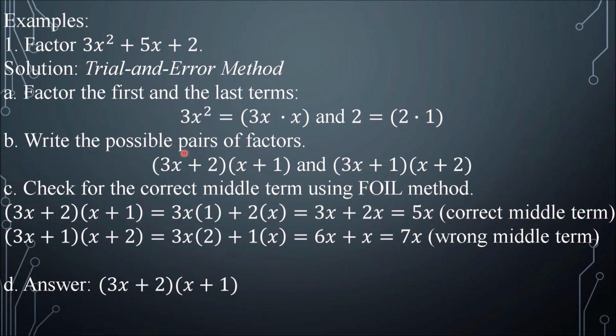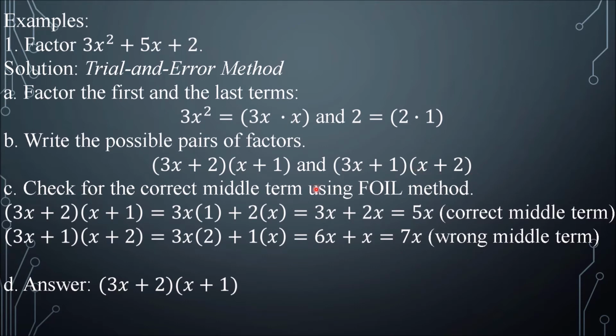Now write the possible pairs of factors. First, we have 3x plus 2 and x plus 1. So that's the first pair. Next, let's have the second pair. 3x plus 1, and then x plus 2.